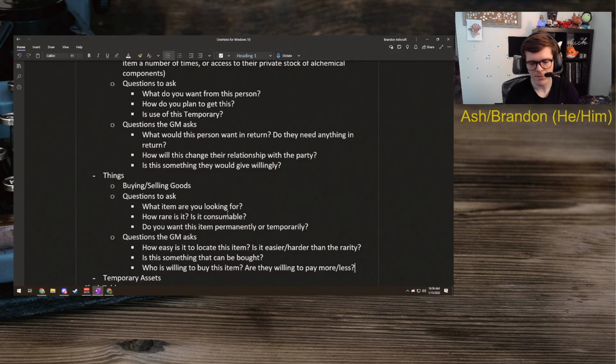And when it comes to the GM, so questions to ask: what items are you looking for? How rare is it? Is it consumable? And do you want this item permanently or temporarily?